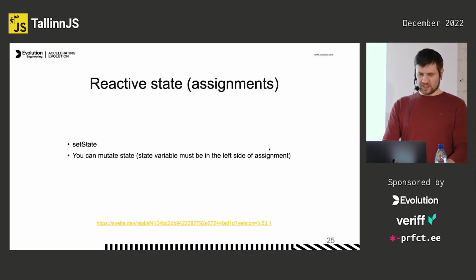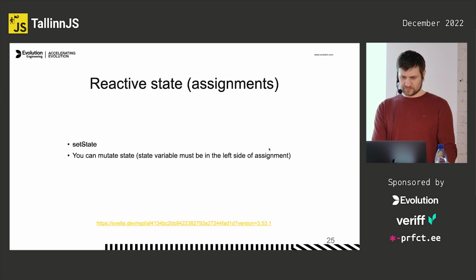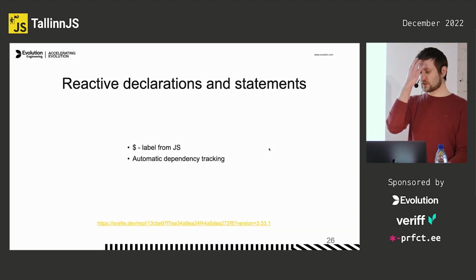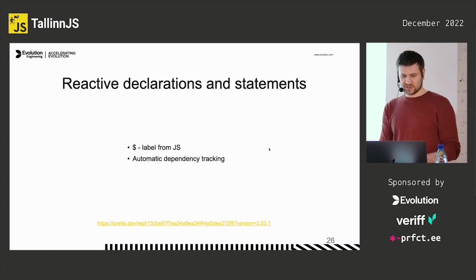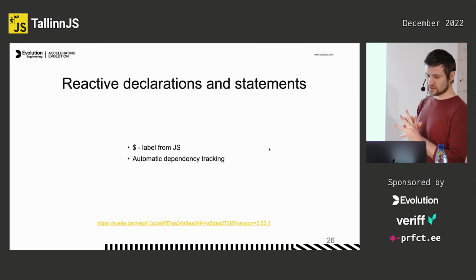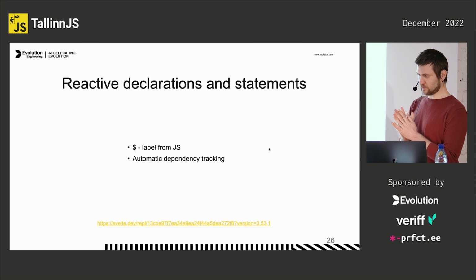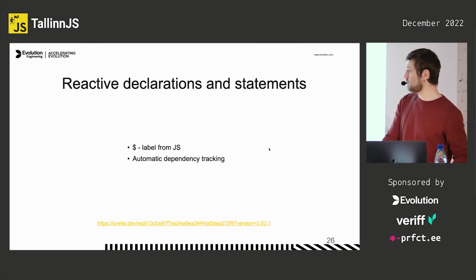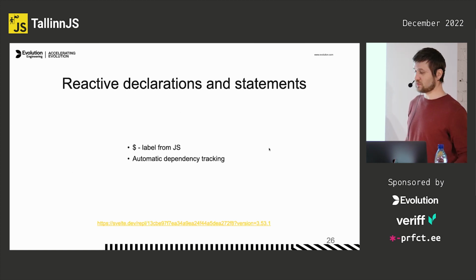So let's go further. That was about reactive state and mutations, and now let's talk about reactive declarations and statements. There is an interesting syntax in Svelte. I told you there are small differences between native JavaScript and Svelte script. For example, maybe some of you have used this syntax.